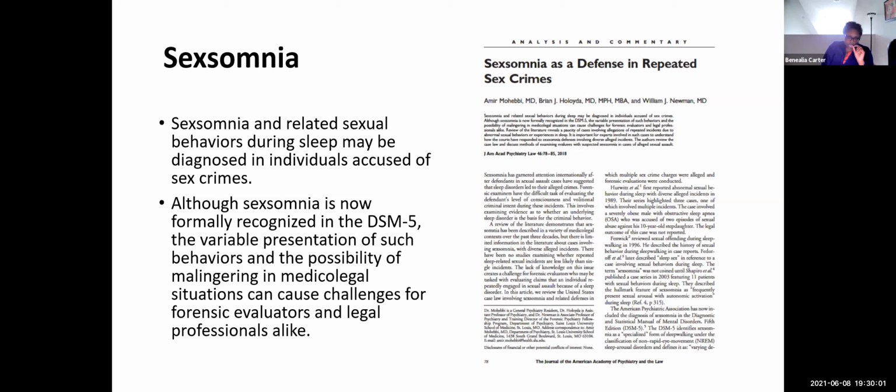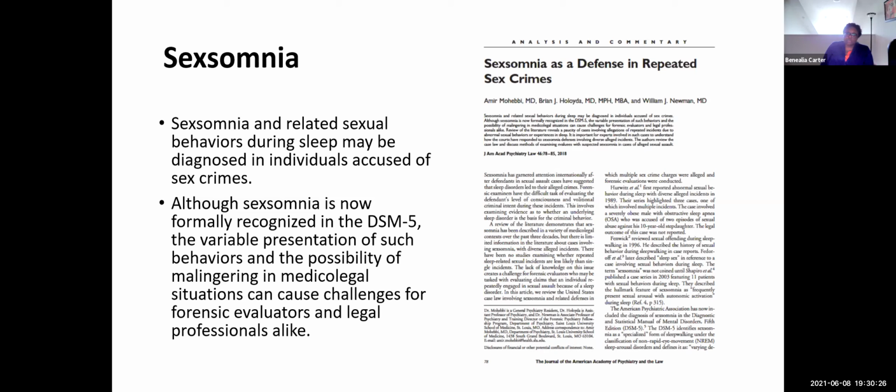They are in stages 2 and 3, and sometimes 4. And yes, sex to completion. It is formally recognized in the DSM-5, yes.